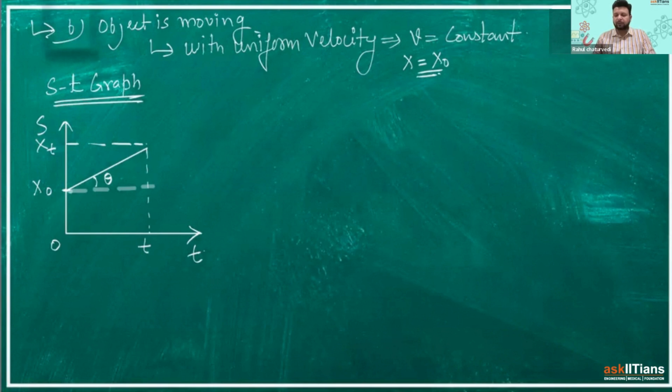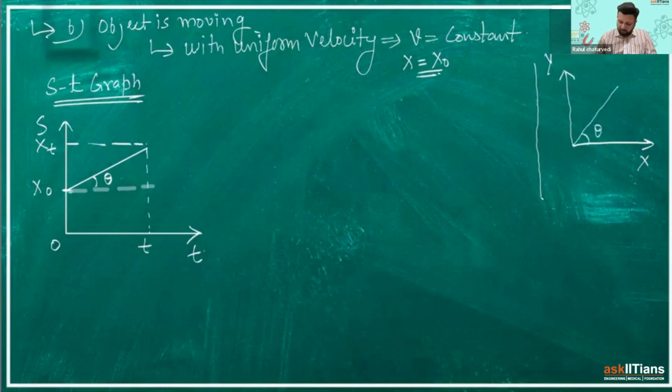So how can you find out the slope? For any graph, the slope is tan theta. Suppose you have any graph between x and y axis, and any line making some angle theta with the horizontal. Then tan theta is the slope of this graph.